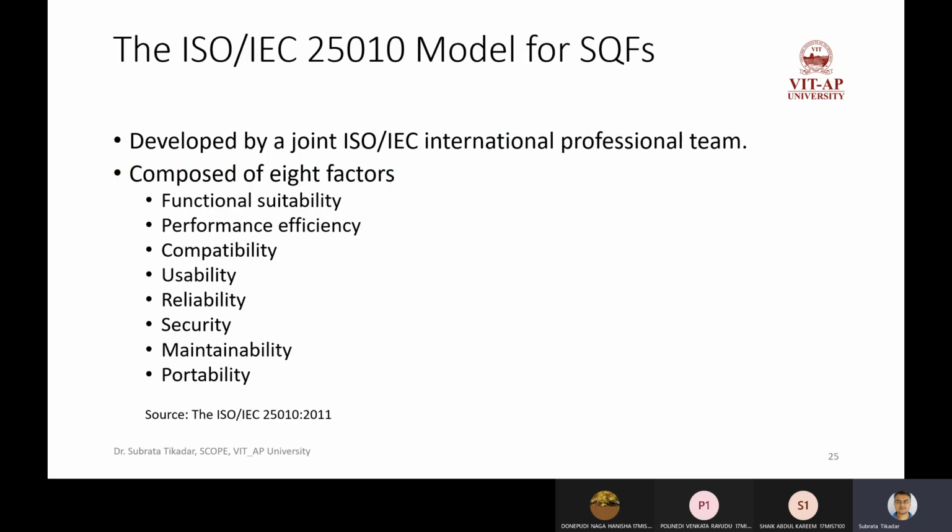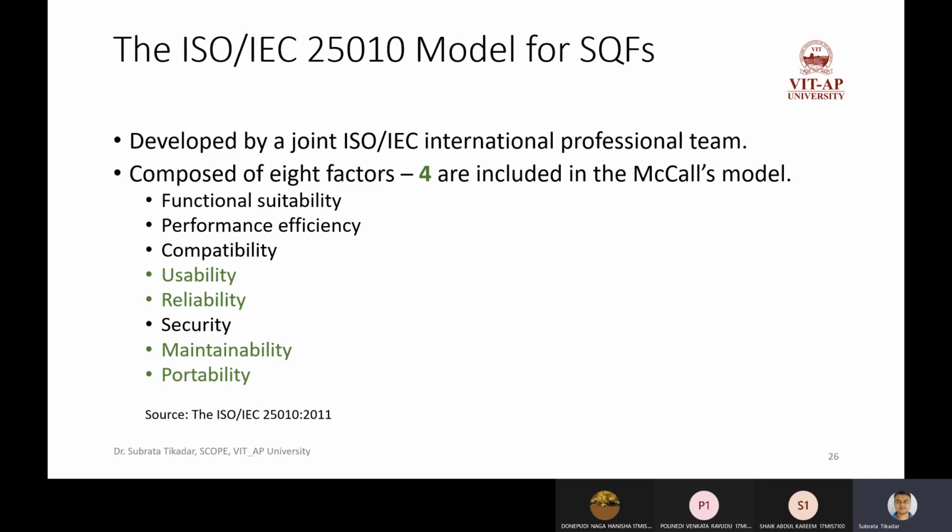So in the ISO IEC model, we can find 8 factors, namely functional suitability, performance efficiency, compatibility, usability, reliability, security, maintainability, and portability. Now, among these, 4 are included in McCall's model itself.